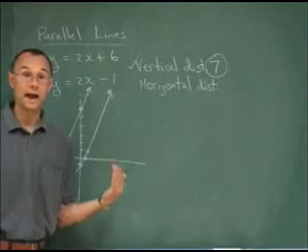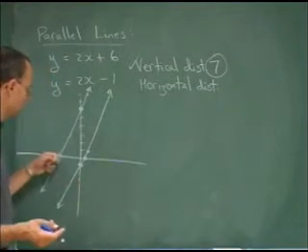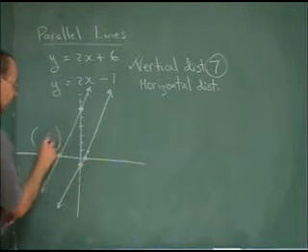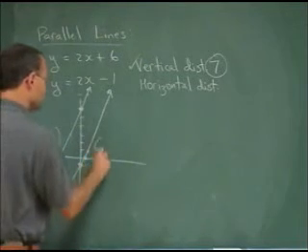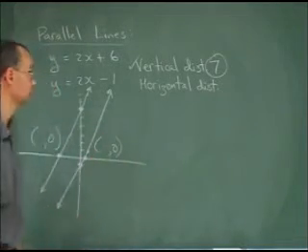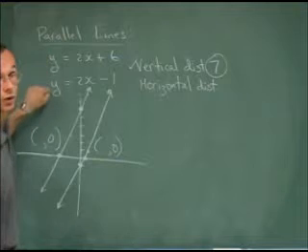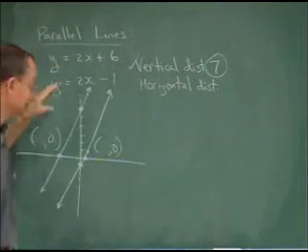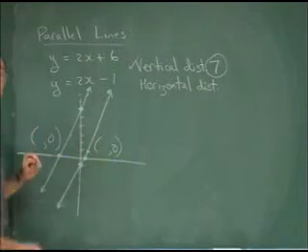These points are your x-intercepts, and what makes these easy to work with is that they both have y values of 0, because in order to be on the x-axis, they have to have a y value of 0. So what do we do? We go to each equation, we put in a y value of 0, and we solve for x. And that tells us what these x coordinates are.